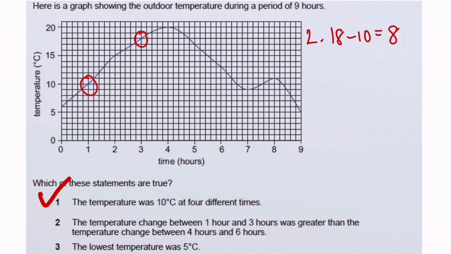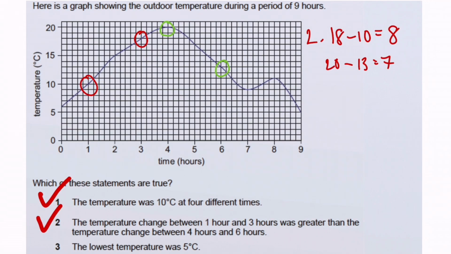And then between 4 hours and 6 hours, 4 is 20, and 6 is 13. So we have 20 minus 13, which is 7. So indeed, the temperature change earlier was greater than between 4 hours and 6 hours. So that is also correct.